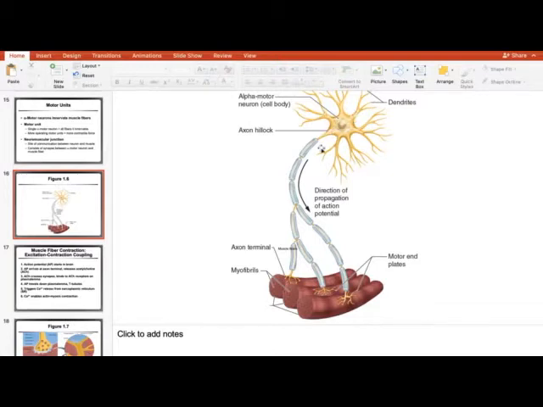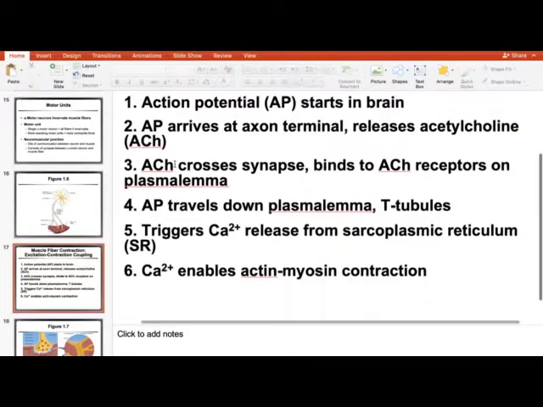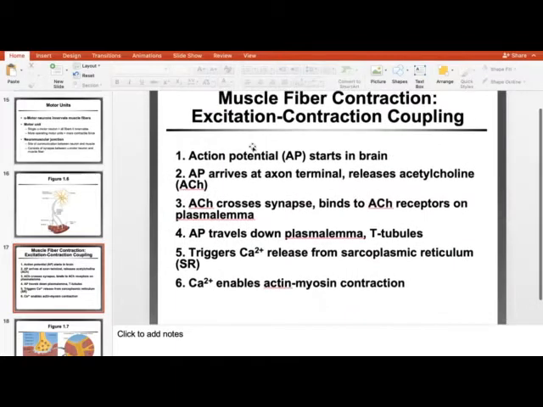So the electrical energy, the action potential, travels down the alpha motor neuron, and it gets into this muscle fiber. Typically, what happens is the action potential starts in the brain, and this is a process called the excitation contraction coupling. Coupling is also another word for constraint, or connecting one thing to another, or a system.